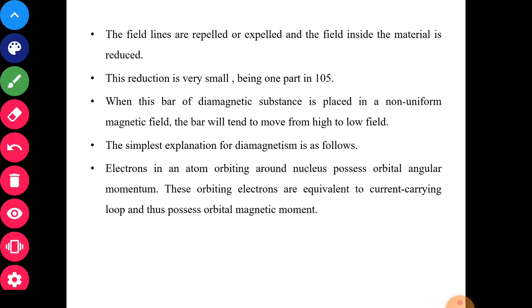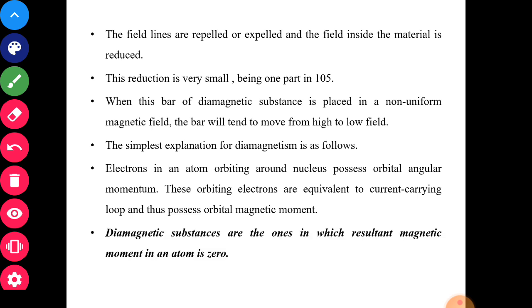Now see, electrons in the atom are orbiting around the nucleus. They possess orbital angular momentum, which I have explained earlier. These orbital electrons are equivalent to current carrying loops, and they possess the orbital magnetic moment.